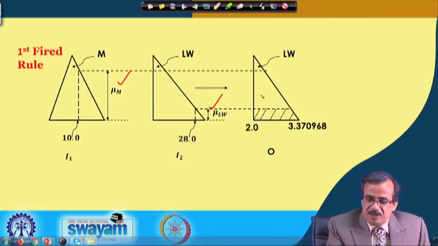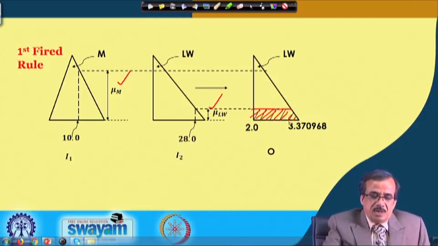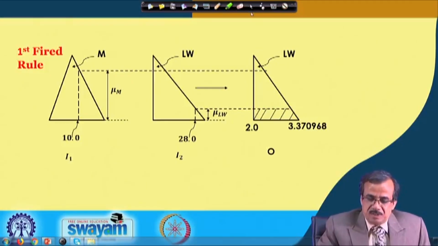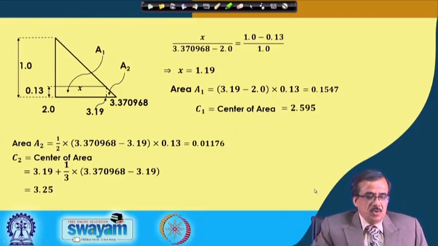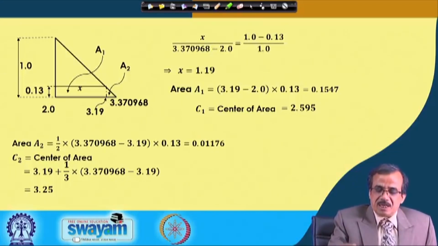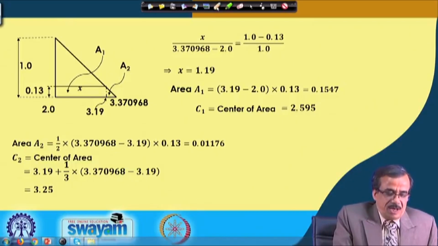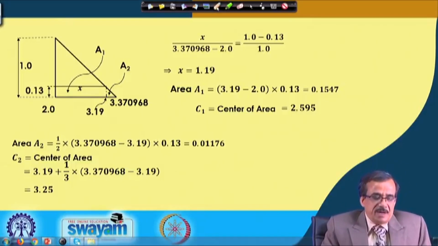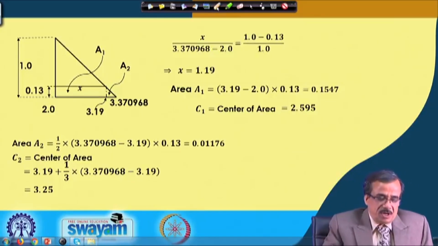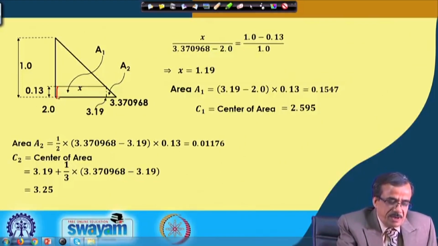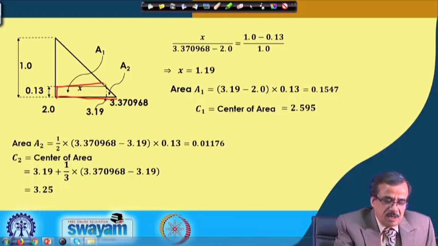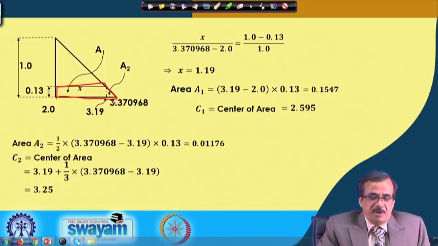The principle I have already discussed. Corresponding to the minimum value of mu, this will be the fuzzified output. Following a similar procedure, I can also find the output for the second fired rule. But before that, let me concentrate a little more on how to determine the area and center of area corresponding to the fuzzified output you have got for the first fired rule.